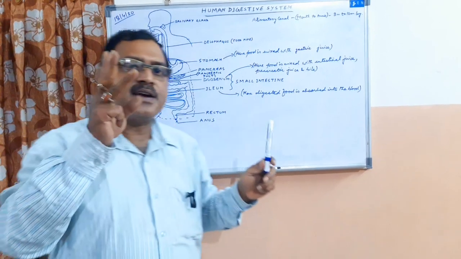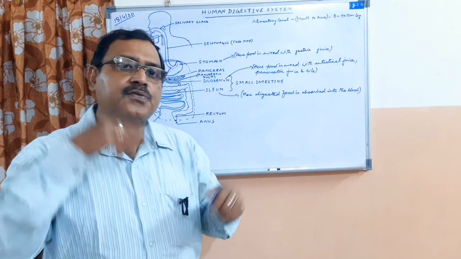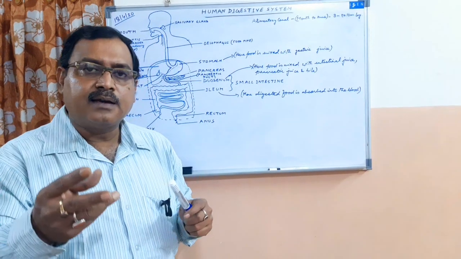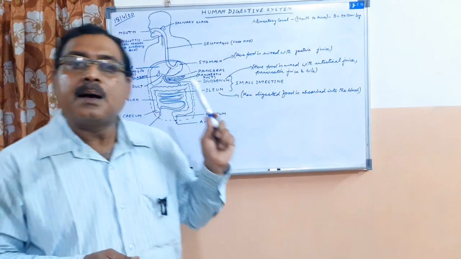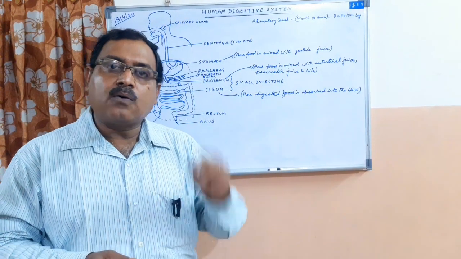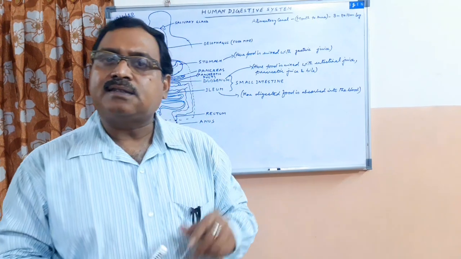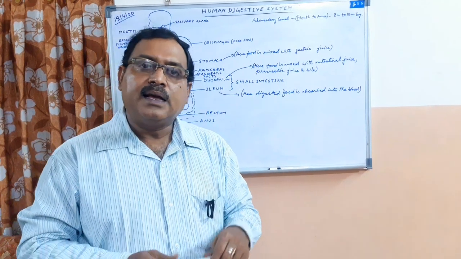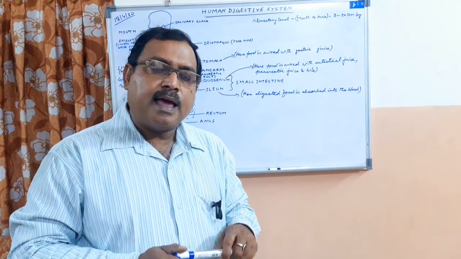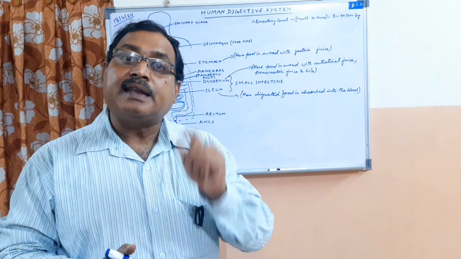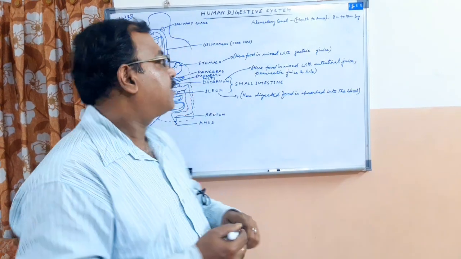A total of 3 pairs of salivary glands are there, which keep on secreting saliva inside the mouth. Now, what does saliva contain? Saliva contains water, definitely. Along with that, it contains an enzyme which is called salivary amylase.